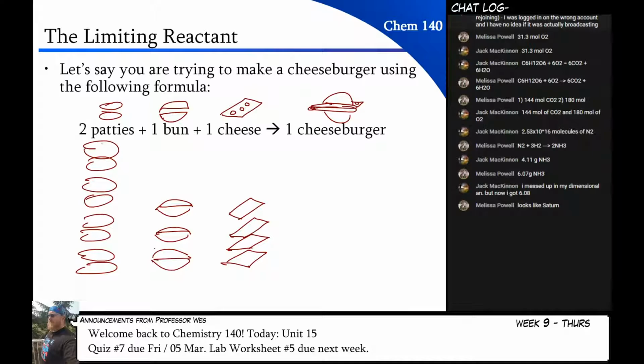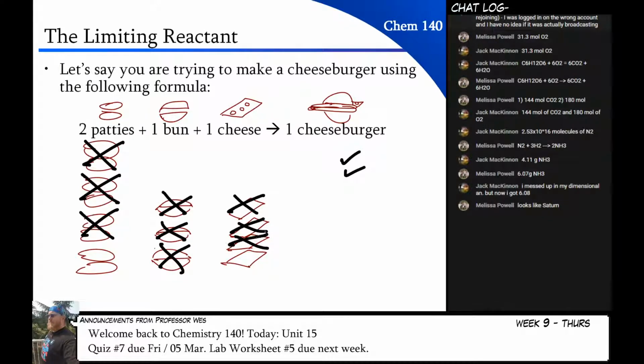To make a burger, I need 2 patties, a bun, and a cheese. So I'm going to just start counting them off. Okay, so 2 patties, bun, cheese, burger. 2 patties, bun, cheese, burger. 2 patties, bun, cheese, burger.